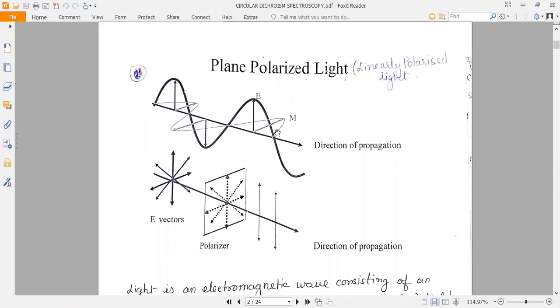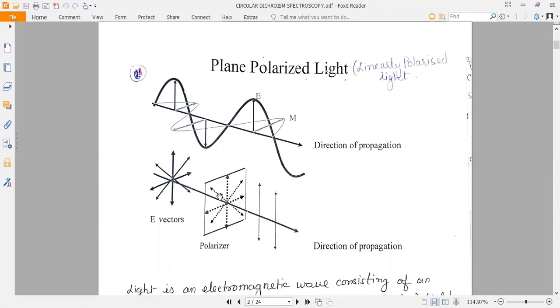Now, the phenomenon we are going to study is present in the electrical vector. So, we will consider only the E vector. In unpolarized light, what happens? E vectors are distributed evenly in all directions.